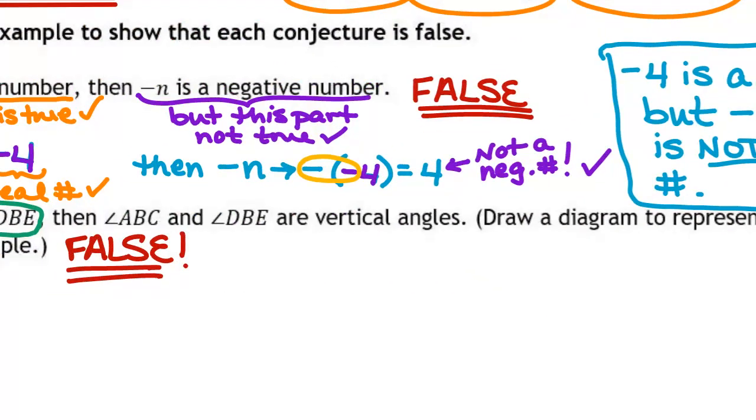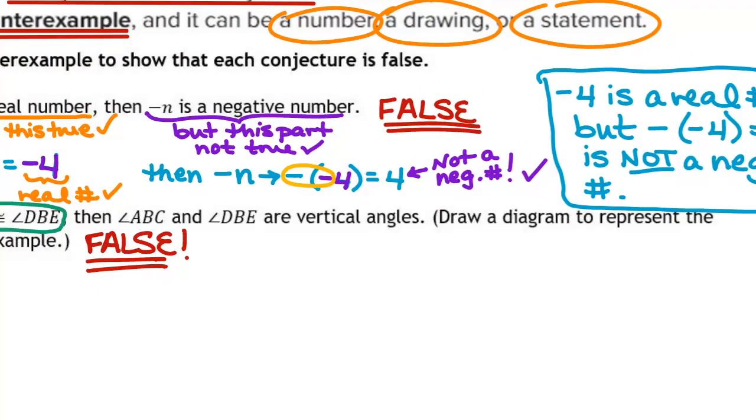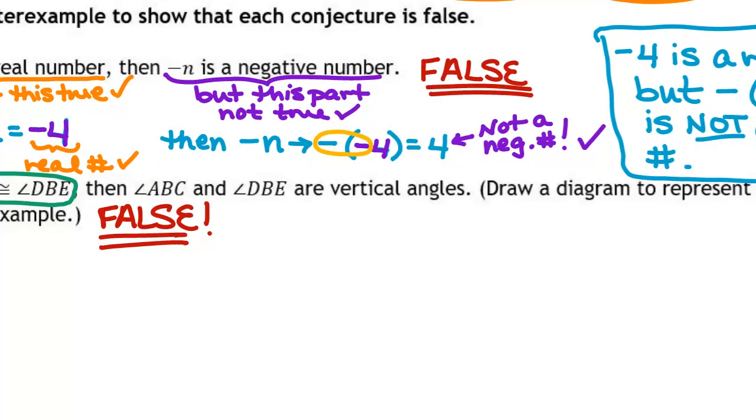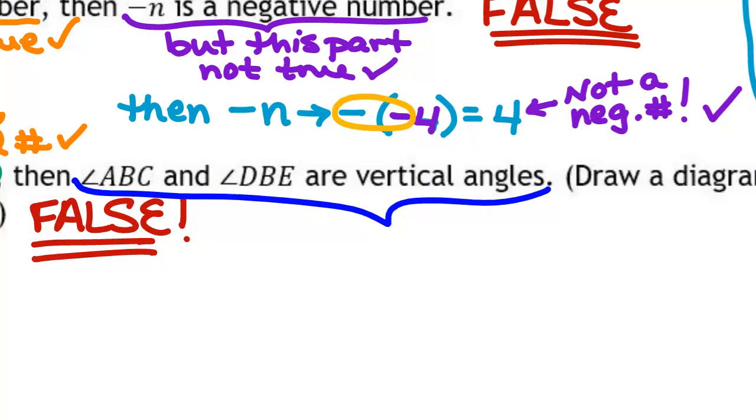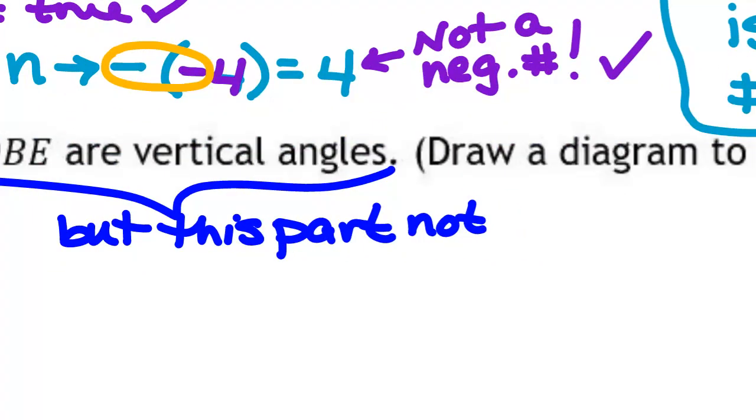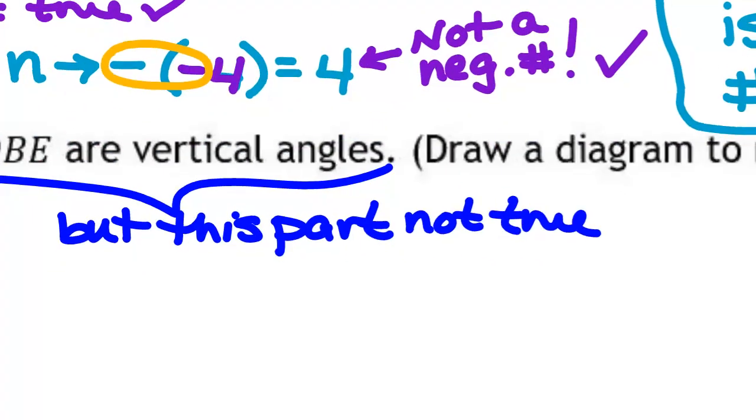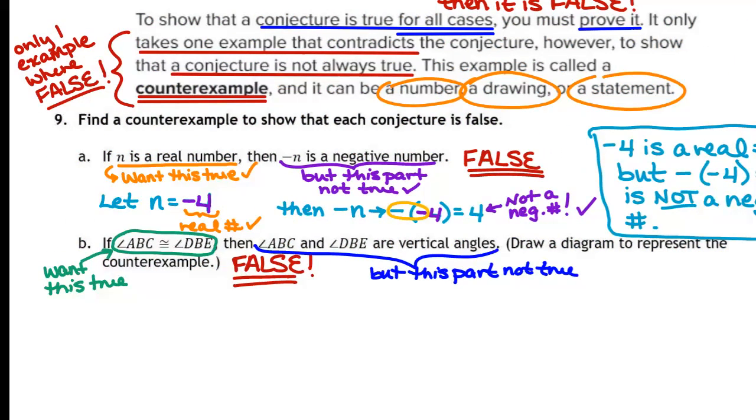But I want the back part to be false. Is it possible that I have angles that are the same size as each other, but they're not vertical angles? Yeah, so I'm going to draw an example where I see that.